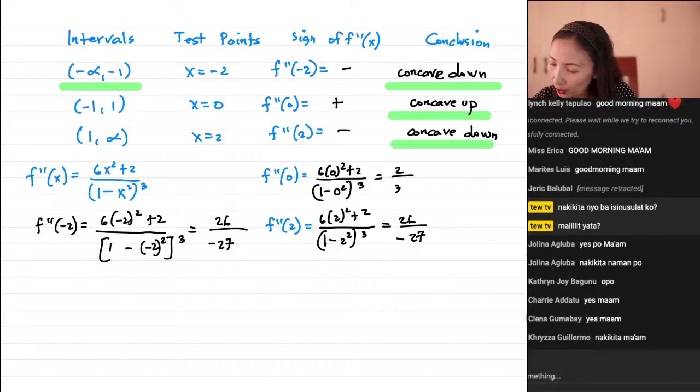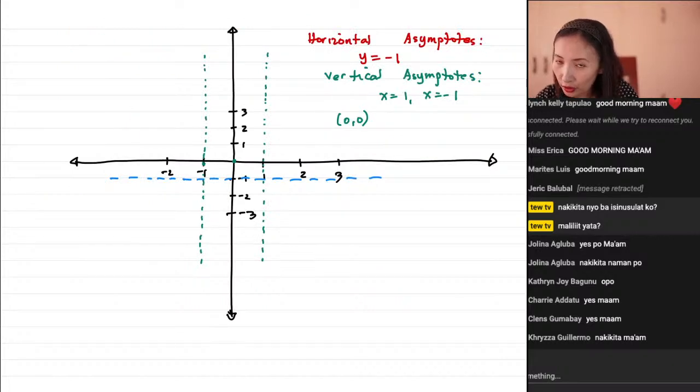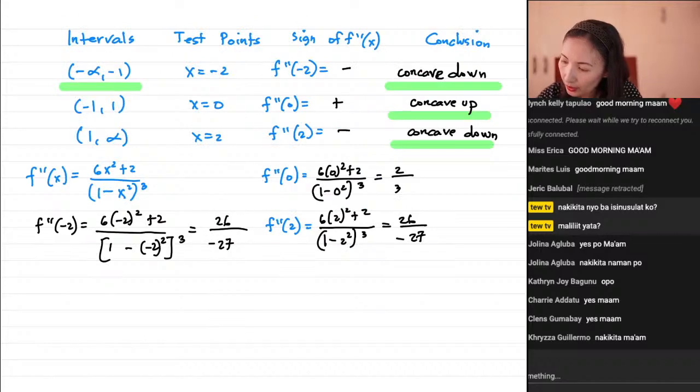Okay, so once more, if you take a value, it says here from negative infinity to negative 1, it is, go back, concave downward. Okay? Downward.